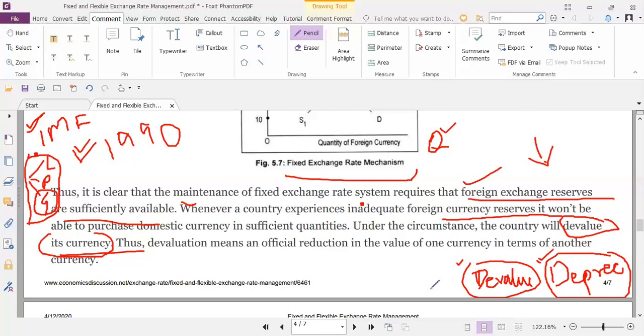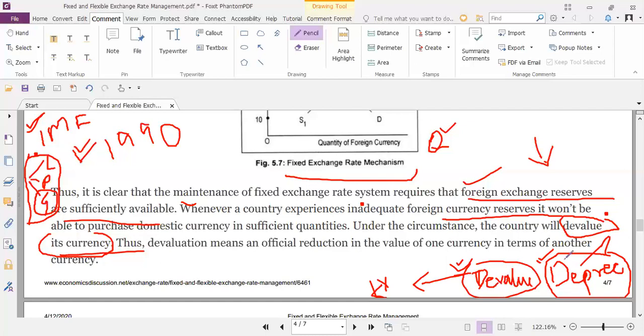So devalue is under the fixed exchange rate system, as we are discussing here. This is the reason we're discussing devalue under the fixed exchange rate system, right? Under a fixed exchange rate system, we go for devaluation of currency. Whereas under a flexible exchange rate system, the currency value automatically falls.